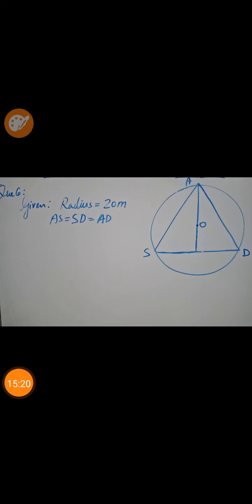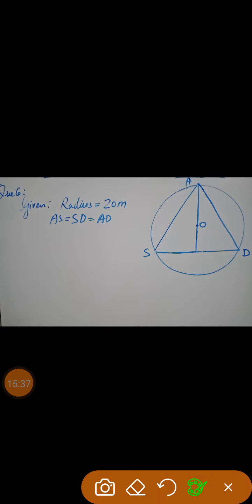So firstly, write what is given. Radius is 20 meter and AS is equal to SD is equal to AD. And we will draw a median of this triangle. This is the median, and we know that the median on side SD will divide SD into two equal parts.